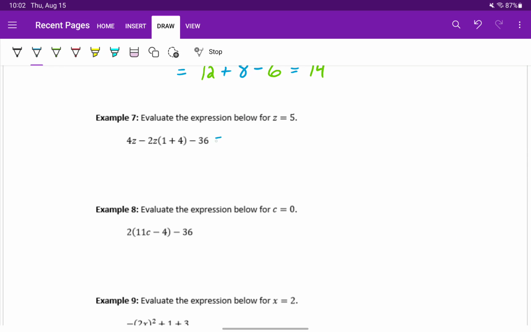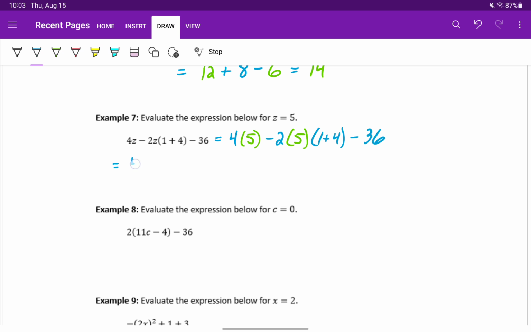In example 7, we want to do the same thing. We'll rewrite this as 4 times 5, replacing every instance of the variable z with the number 5. And then follow order of operations to simplify from there. In this case, we have an operation occurring within those parentheses.